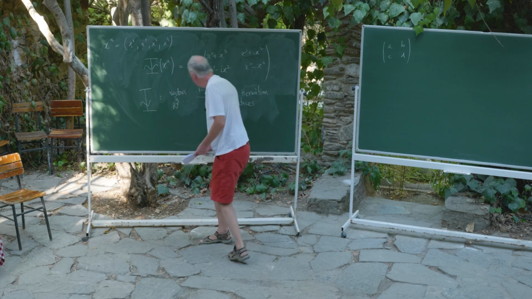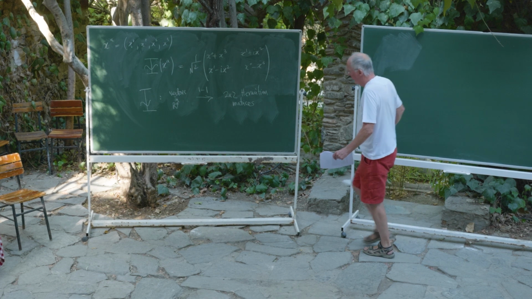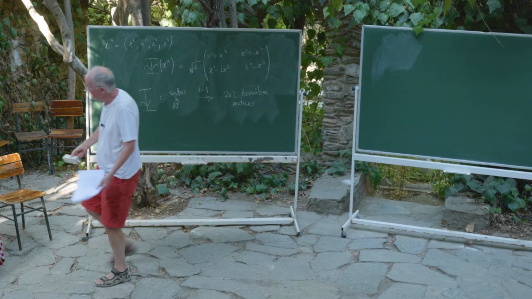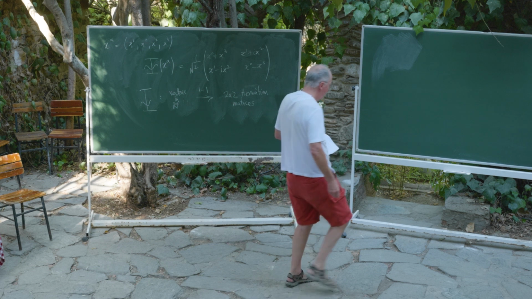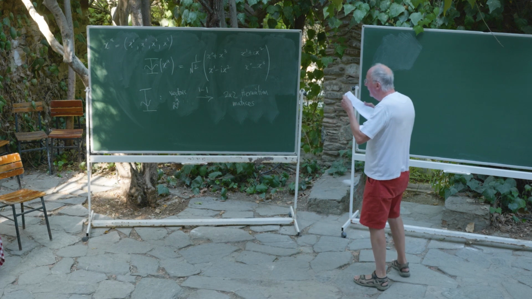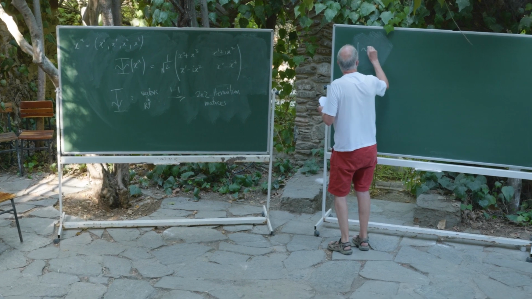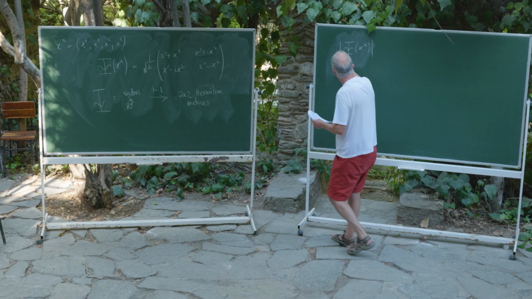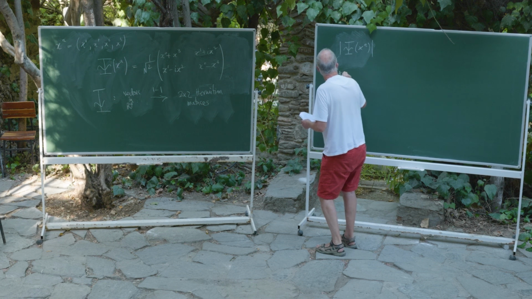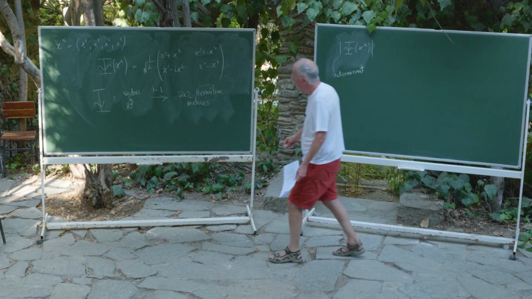So at the moment, this is just another way of recording the information in that vector. So why is it useful? Well, if we take the determinant of this matrix, then look at what happens.